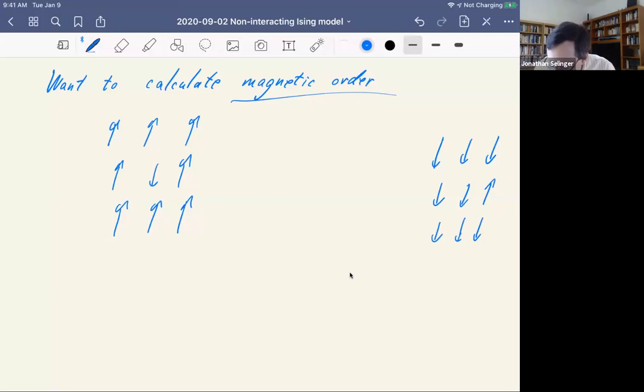Or there might be a state that has some of the spins up and some of them down, so that it's approximately 50-50.